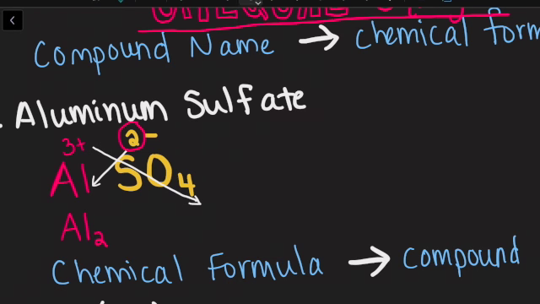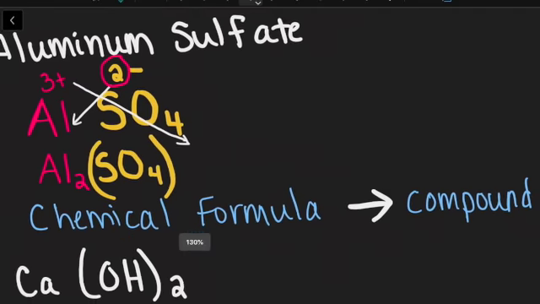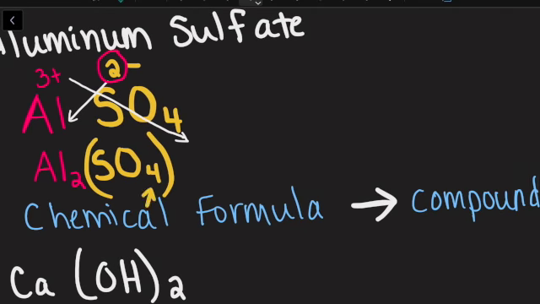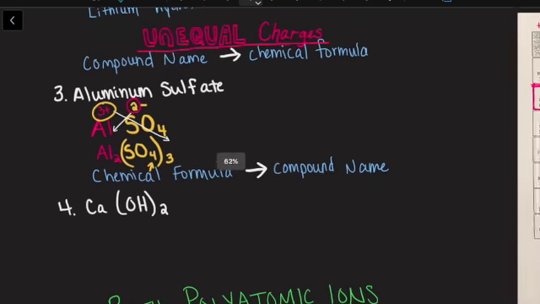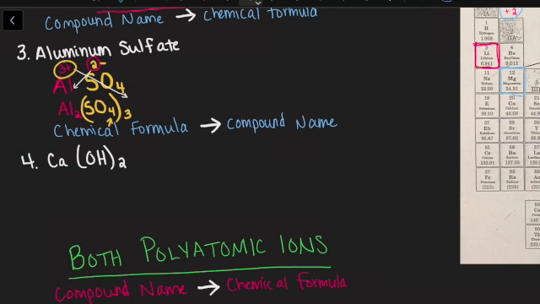And then you have to write SO4, and we have to put it in parentheses because we cannot change this number ever, or else it's not sulfate, and it's got to be sulfate. So now we can use this and put it down at the bottom. So that's your answer, Al2(SO4)3. So this is just building on the stuff you've already learned. So don't panic, you can do it.